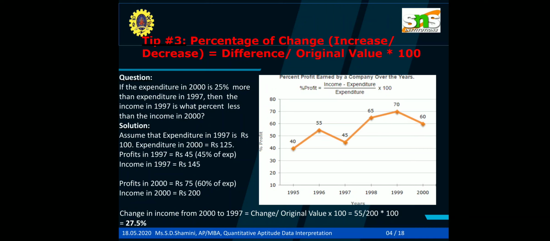The change is rupees 55, so you subtract 145 from 200 and get 55, divided by the original value, that is 200 rupees, which is the income in 2000, into 100, so you will get 27.5%. So these are the three important tips you have to keep in mind while calculating percentage, average, mean, like that in the questions.